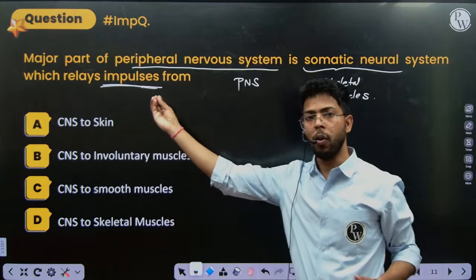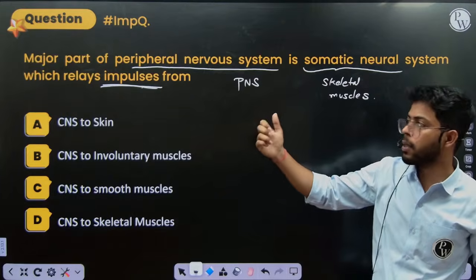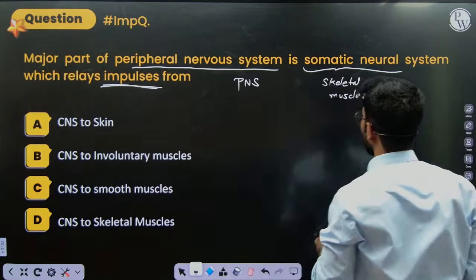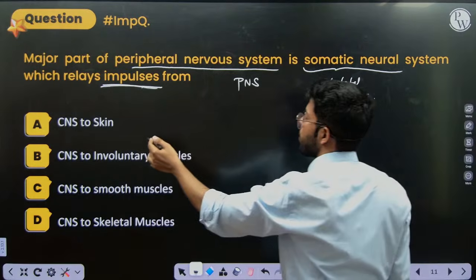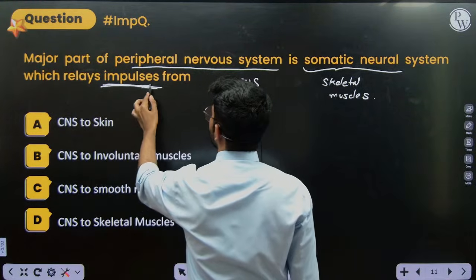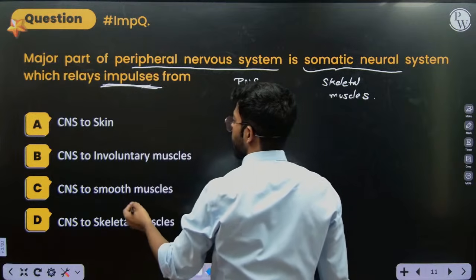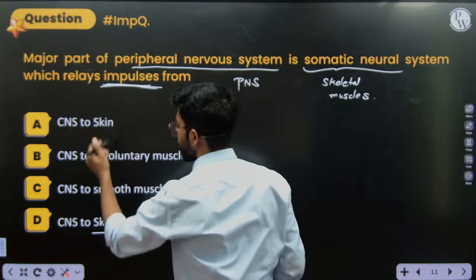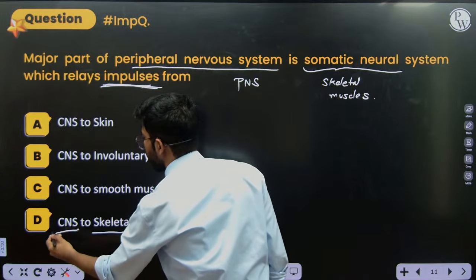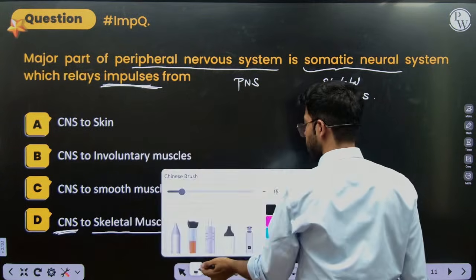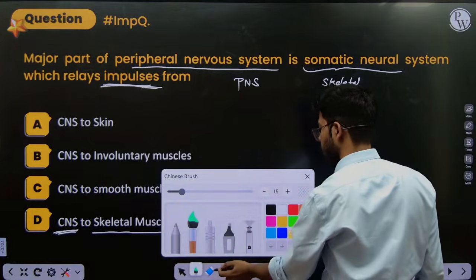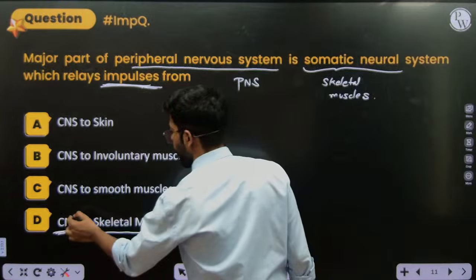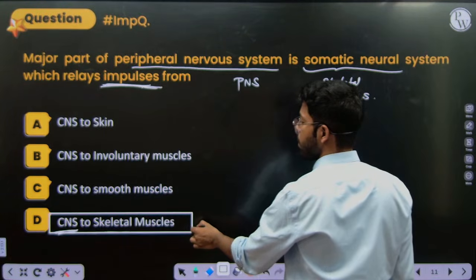That means it originates after sensing the stimulus and then converts into an impulse. So it goes to the skeletal muscles, and it arises from the CNS. So the answer is CNS to skeletal muscles.